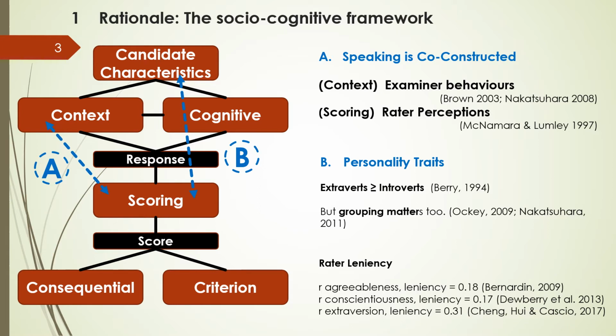Specifically, it appears that higher agreeableness, higher conscientiousness and higher extroversion predict greater leniency. And so this leaves me pondering whether who we are when acting as raters affects how we judge performance.